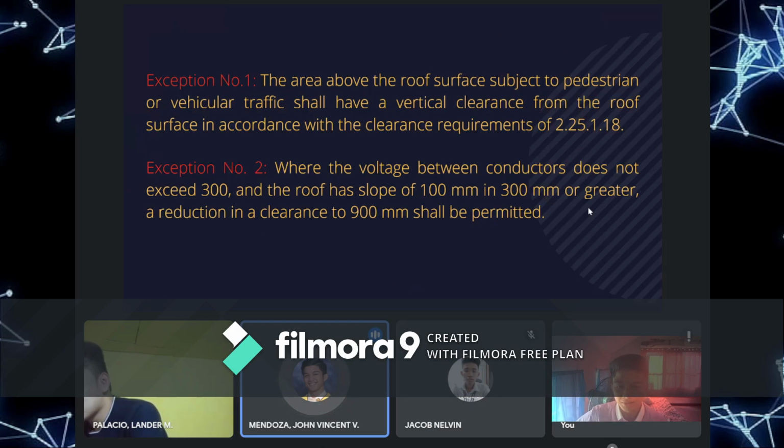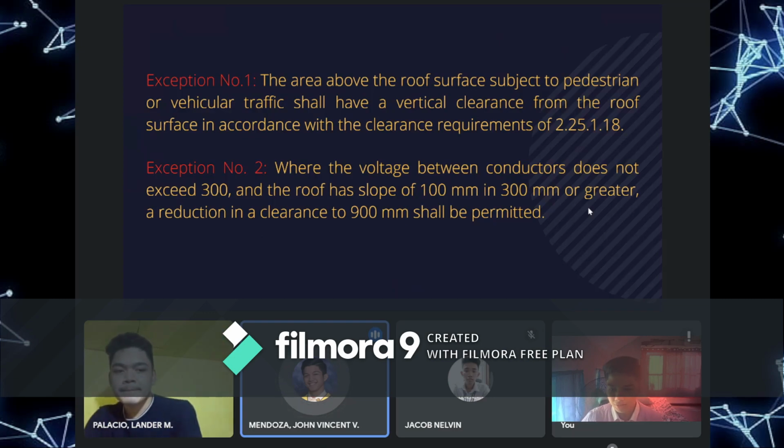Sa pangalawang exception naman, where the voltage between the conductors does not exceed 300 and the roof has a slope of 100 millimeter in 300 millimeter or greater, a reduction in clearance to 900 millimeter shall be permitted.